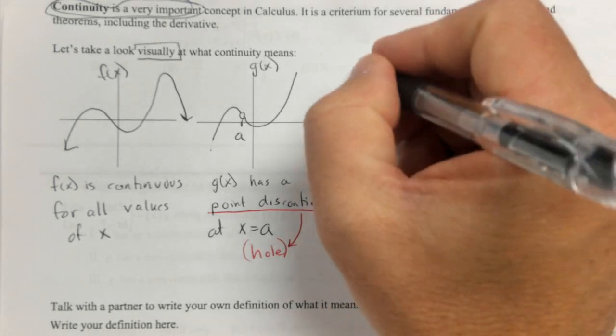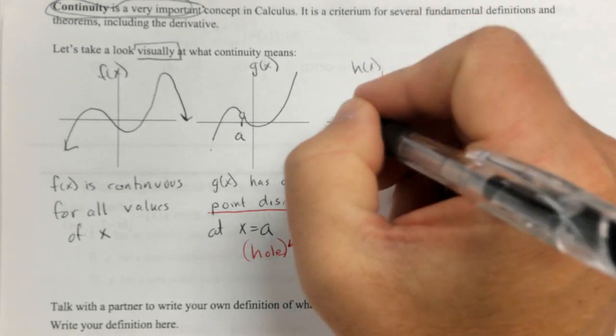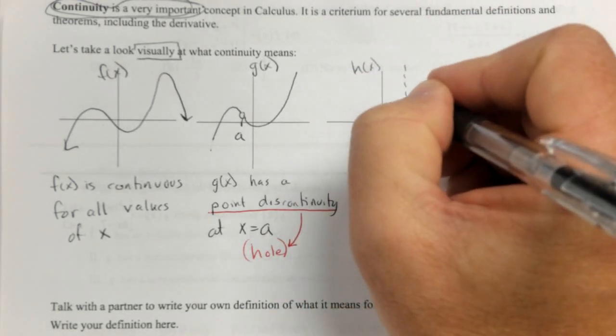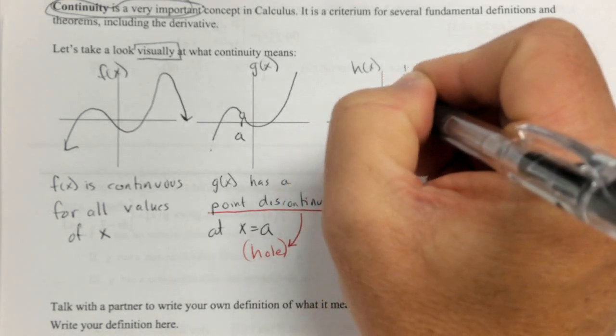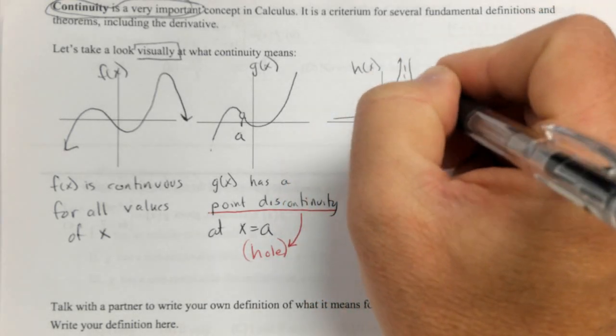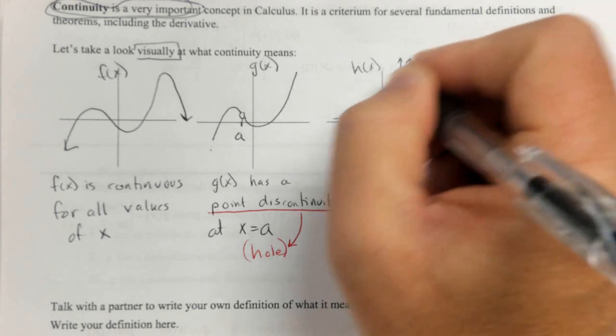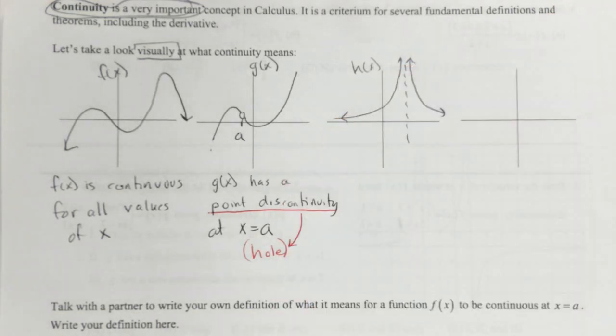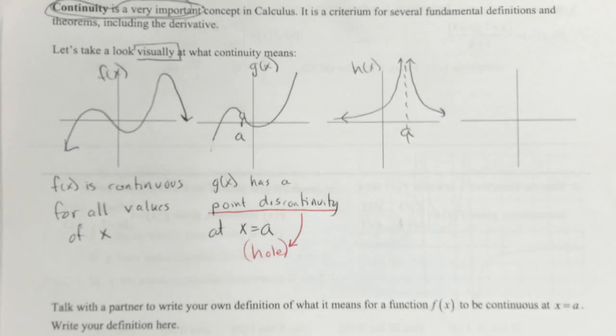Right? We could have an asymptote. So that thing's definitely not continuous, right? I can't draw that without lifting my pen, hopping over the asymptote, and continuing it.